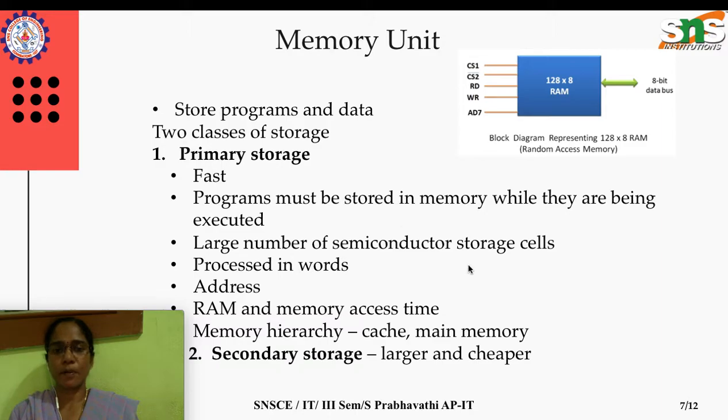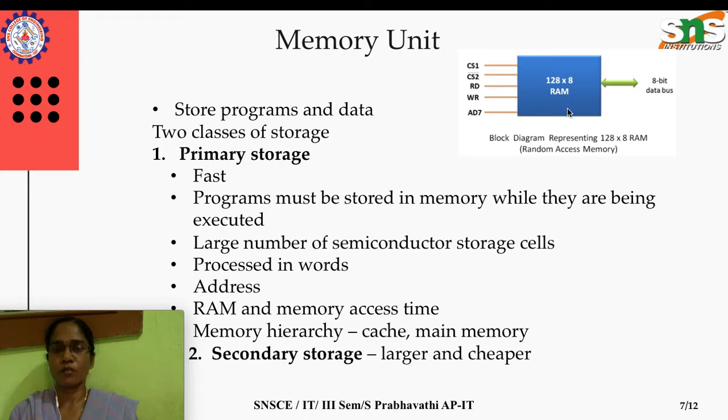It is made up of a large number of semiconductor storage cells. That's why when the power goes off, the information in the main memory is removed. We store information in the main memory in terms of words, and the words will be of 8-bit or 16-bit length. A bit is either 0 or 1; a binary digit is said to be a bit.